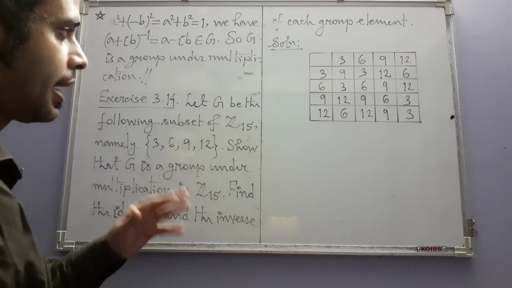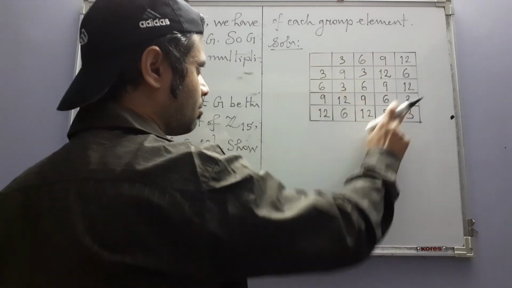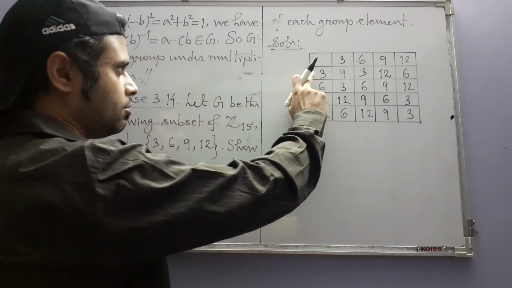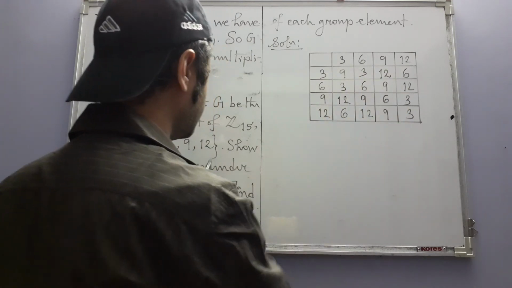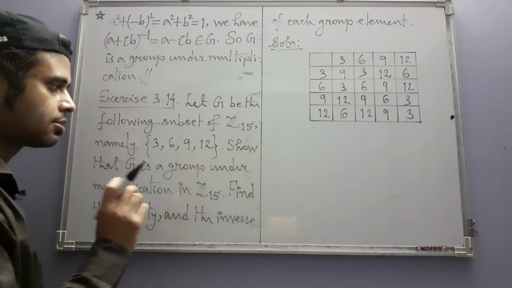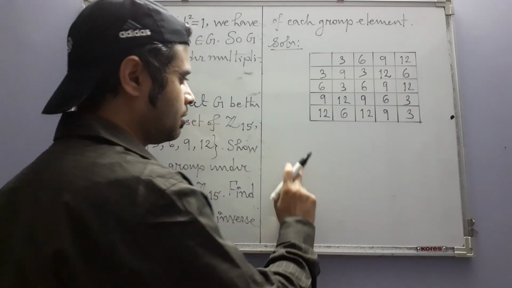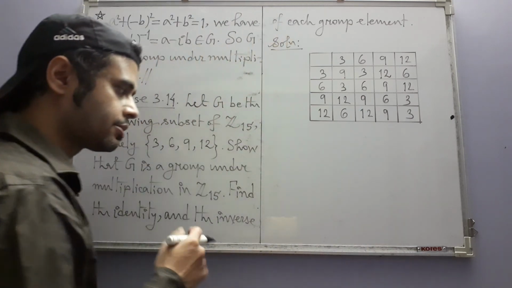Okay, but by the way, how is it a group? First of all, our operation has not led us outside the set. Whatever products we are calculating, the answer is always in this set. So that means this set is closed under multiplication modulo 15. Multiplication modulo 15 is known to be an associative operation.